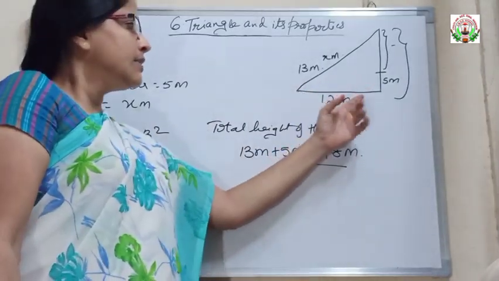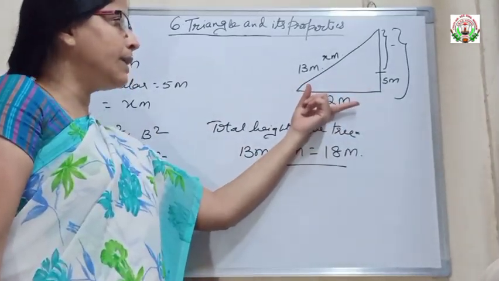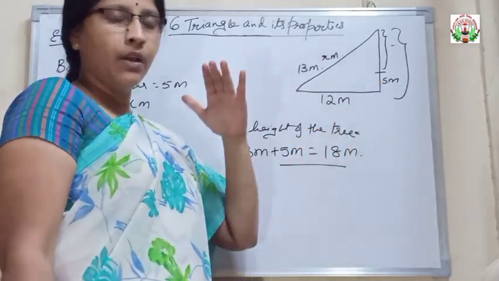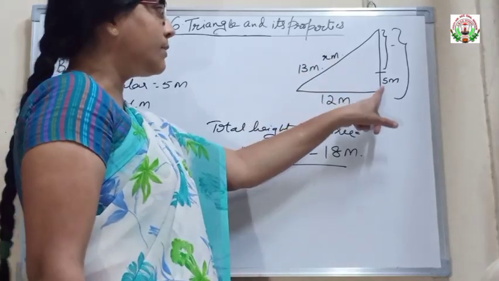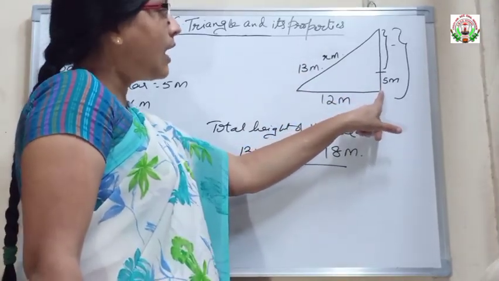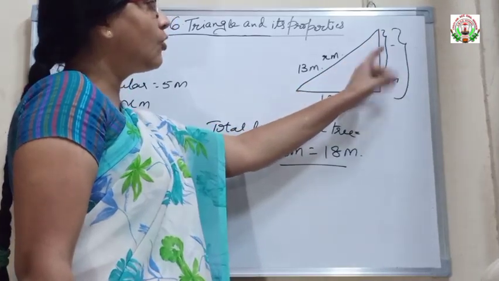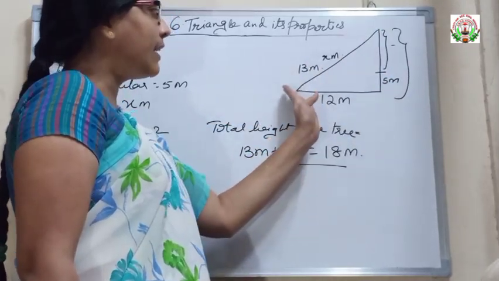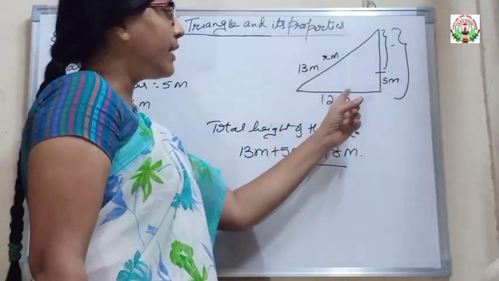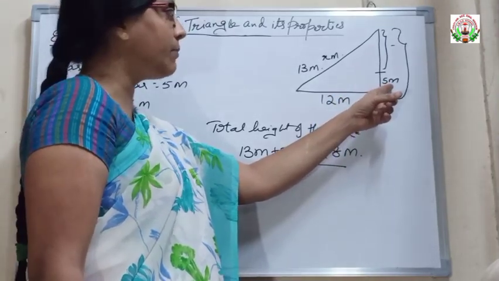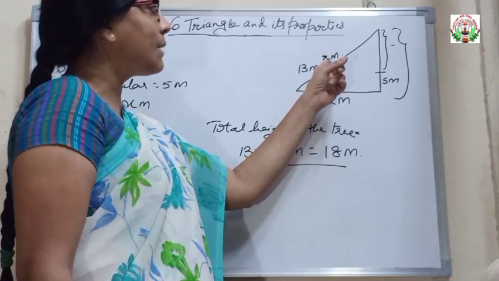Once again, see, base is given as 12 meters and the tree has broken 5 meters from the ground level. Means the ground is here, leaving that 5 meters, the above top part has broken and fell down. So base is given as 12 meters, height, that is perpendicular, I am taking as 5 meters. So we have to find this hypotenuse.